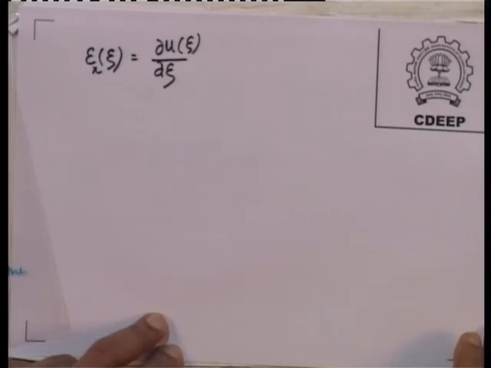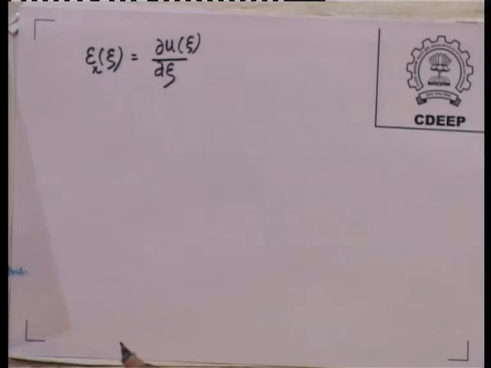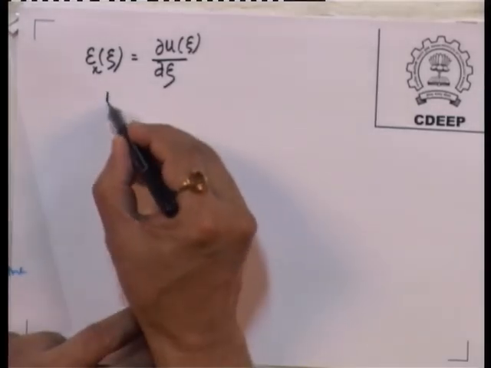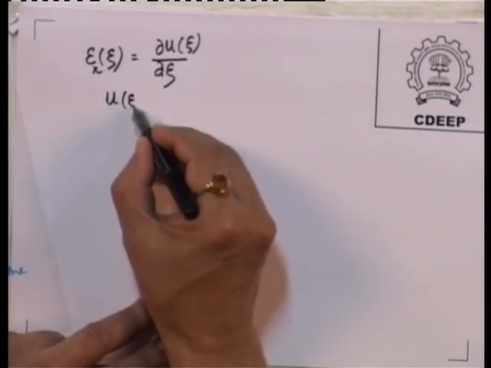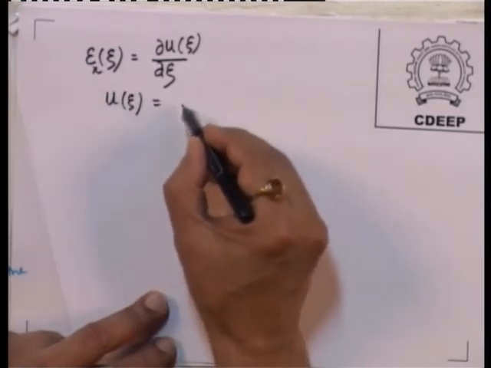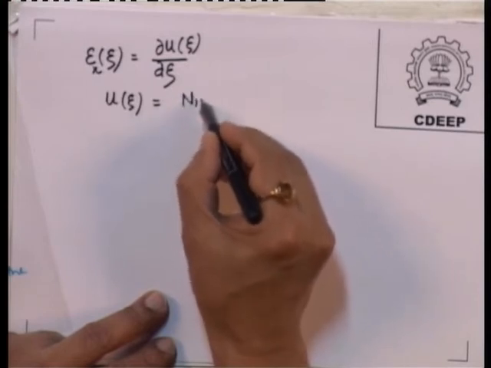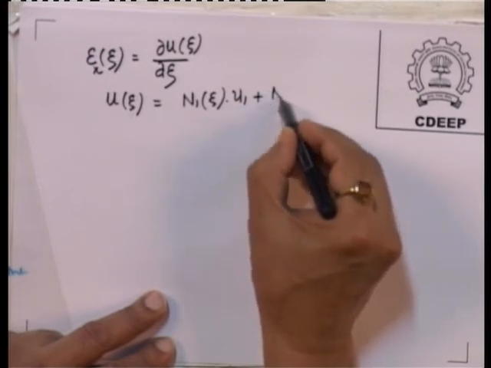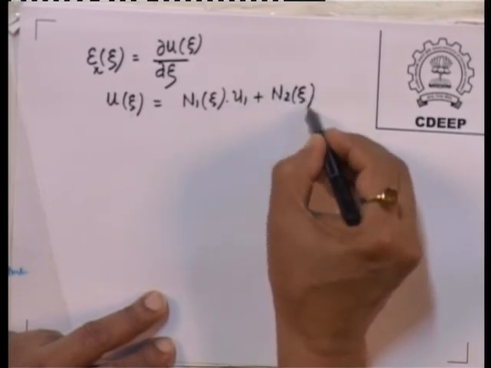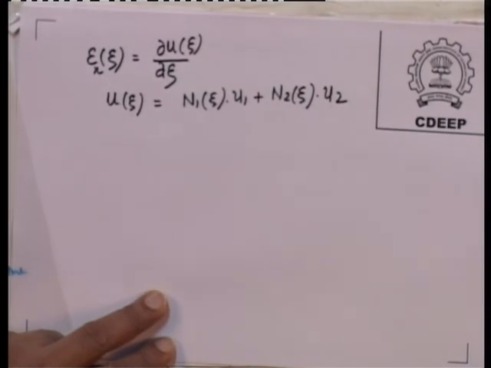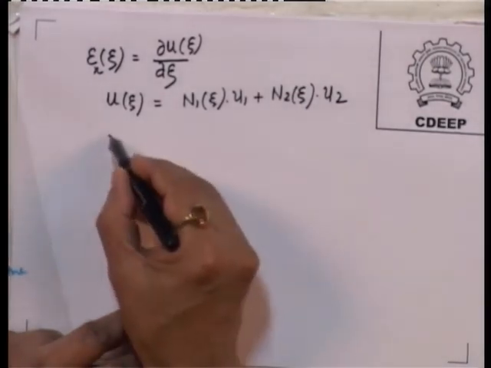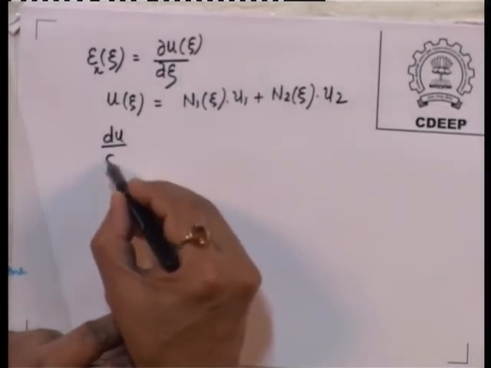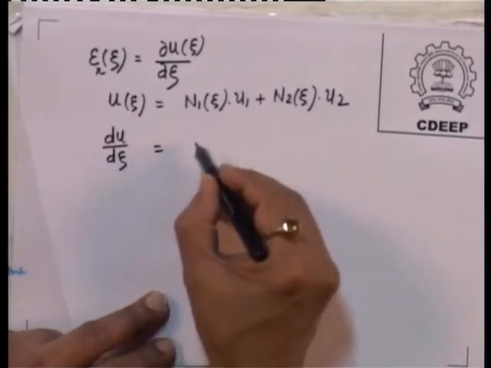And what is du by d psi? Can somebody tell me? What is u? You just take u of psi equal to n1 psi into u1 plus n2 psi into u2.